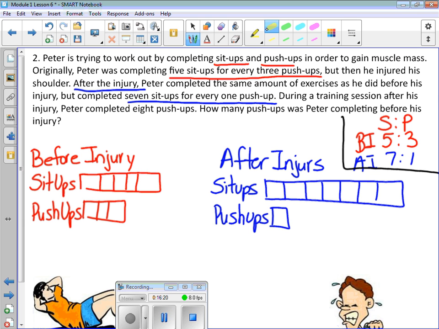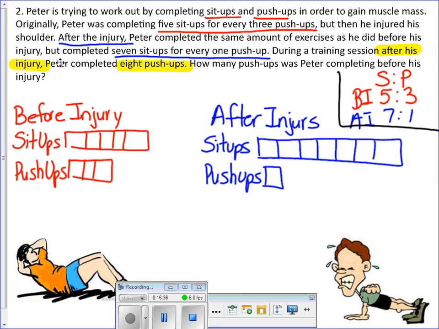What is the detail, the key, the fact, the number that's going to help us? But 8 push-ups when? Okay. So after injury, 8 push-ups. So we have 8 push-ups after injury.